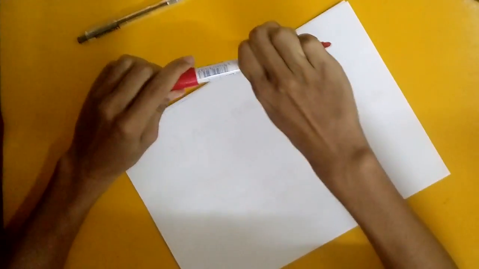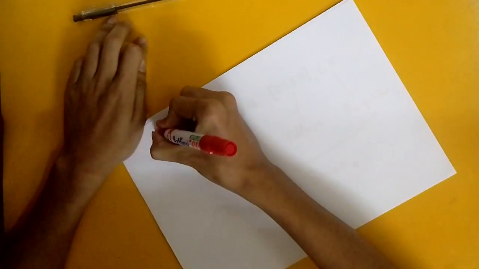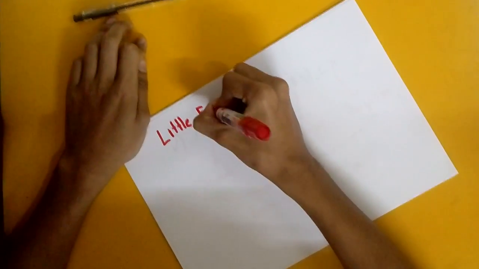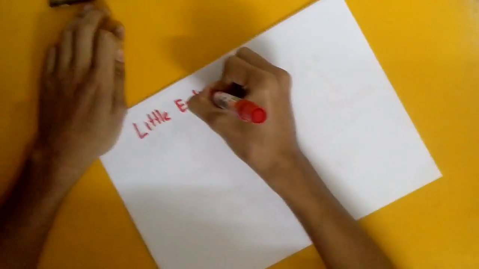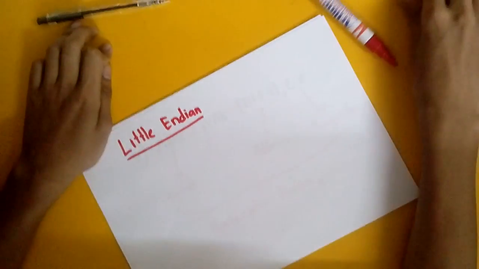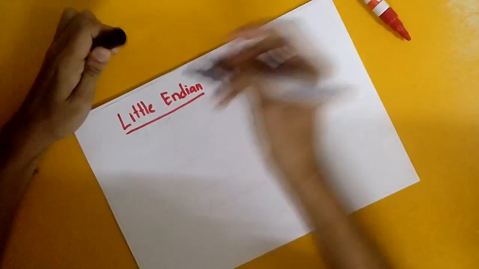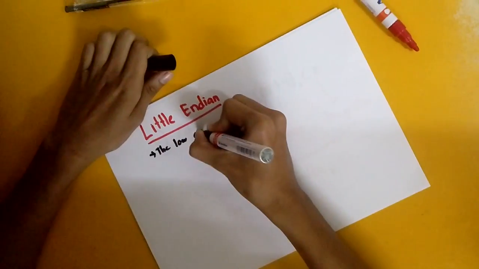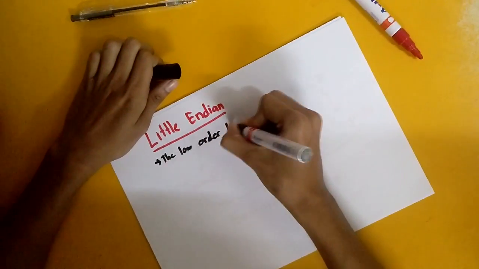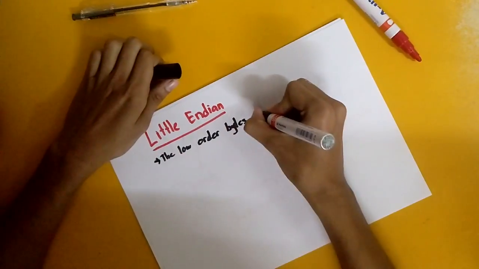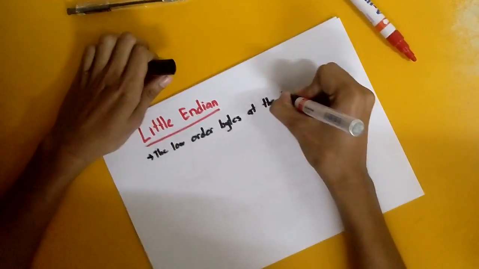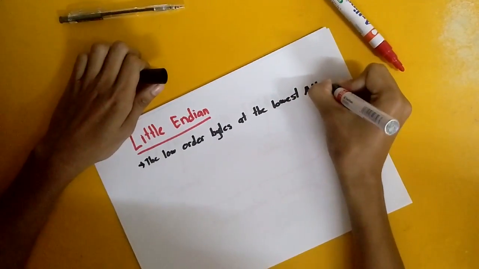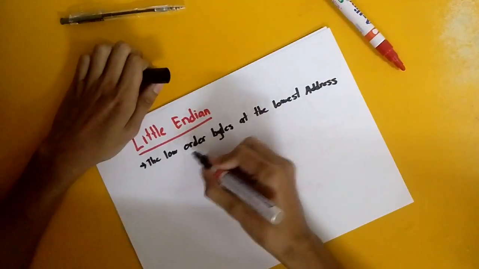Now I will explain about Little Endian. Okay, Little Endian means the low order byte at the lowest address.